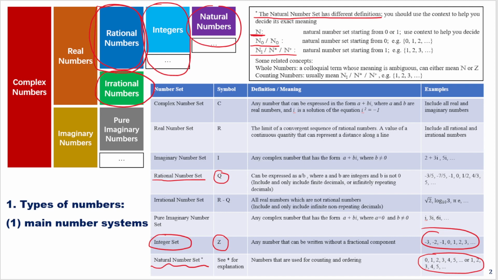Both the rational numbers and irrational numbers are included in a larger set which is called the real numbers. And usually we use the letter R to denote the real number set. Okay? And of course, the real number set minus the rational number set will give you the irrational number set.